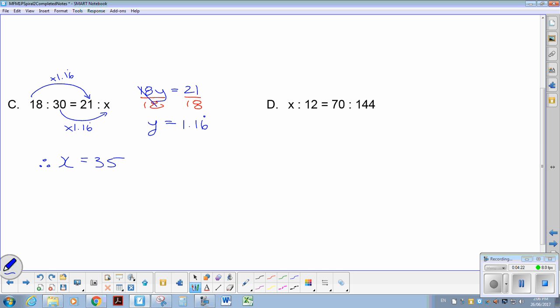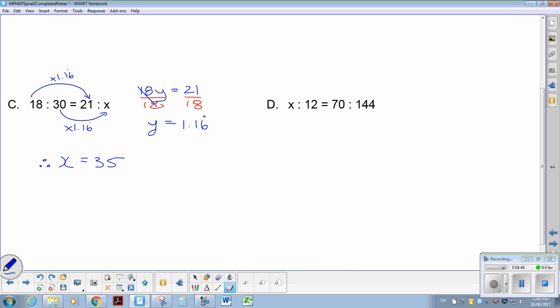All right. My final example. A little bit different here. X times something gives us 70. So we're going to work this out, and what I'm going to recommend, I want to go the opposite direction.